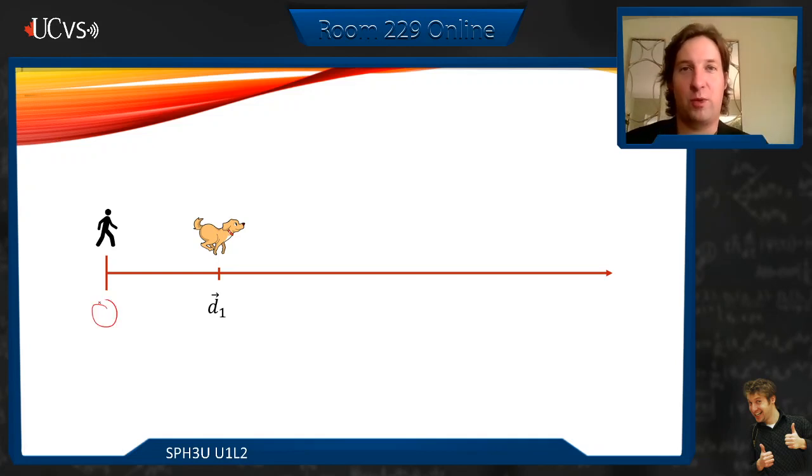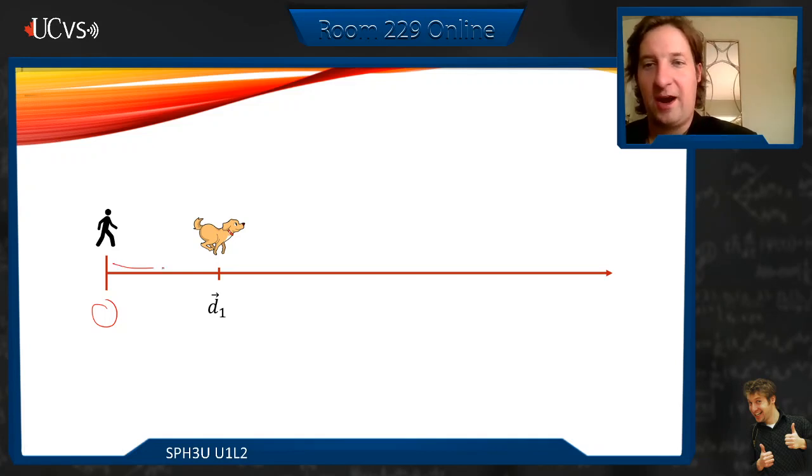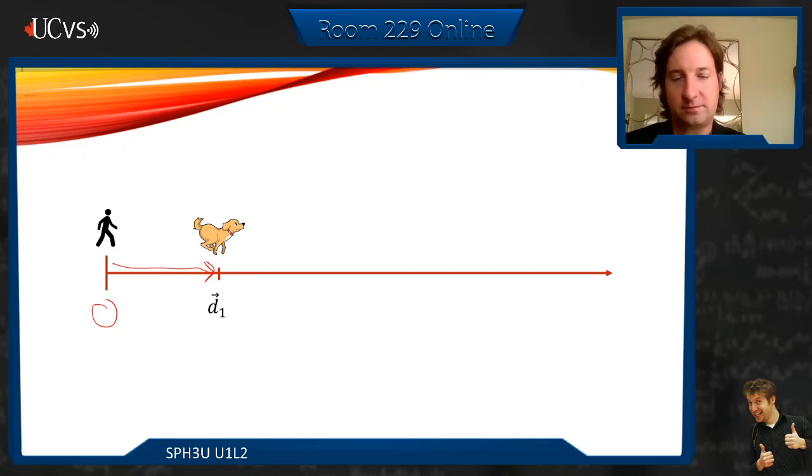So there's our 0 point, right? We've defined our 0 point to be the person throwing the stick, and the dog starts off at a position D1, that's our first position. That's our first vector, right? We could draw an arrow to represent that first vector.